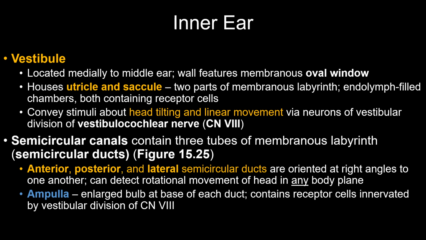In this next photo, you should note that the anterior, posterior, and lateral ducts are oriented at right angles to one another, and these all work together to detect rotational movement of the head in 3 dimensions. Then at the base of each duct, you're going to find a little swollen bulb called the ampulla. This ampulla contains receptor cells that contact neurons. As in the vestibule, these receptor cells are innervated by the vestibular portion of the vestibulocochlear nerve.